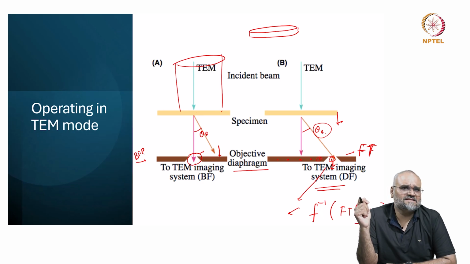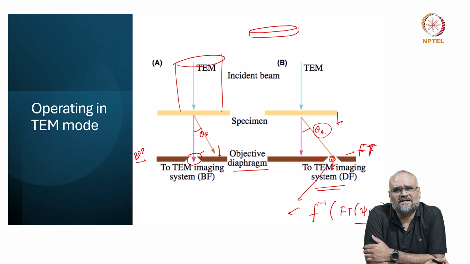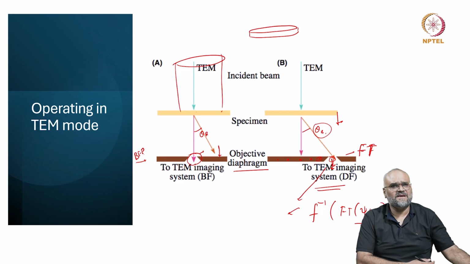We will look at this as an example on how the contrast is varying when I insert an objective aperture. First we will look at how the contrast changes when I insert an objective aperture or when I do not have an objective aperture for a standard bright field image. The images you record in a TEM would appear with a bright background and the variations in the specimen will appear somewhat like this.